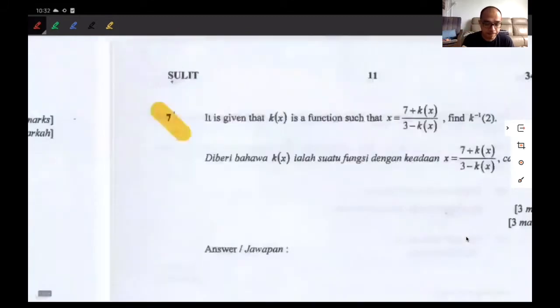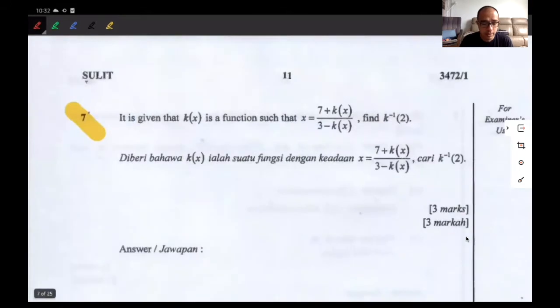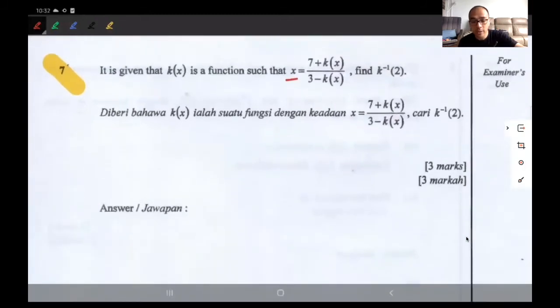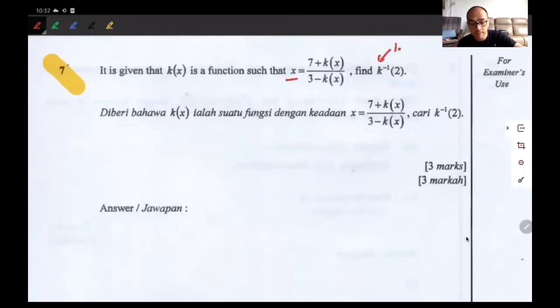Okay, question number 7. It's a functions question. It is given that k(x) is a function such that, suddenly they give x as the subject of the formula, so x equals 0, find k^-1(2). Sorry, k negative 1. So this is an inverse function.